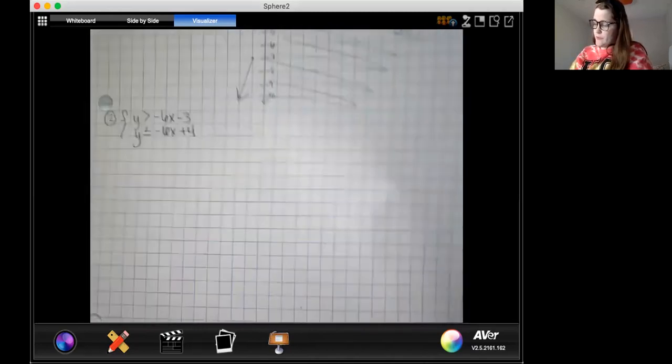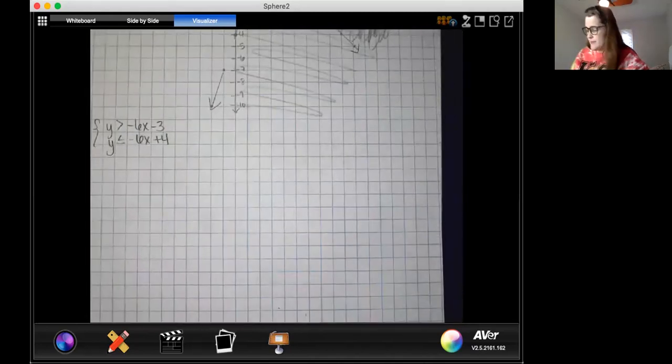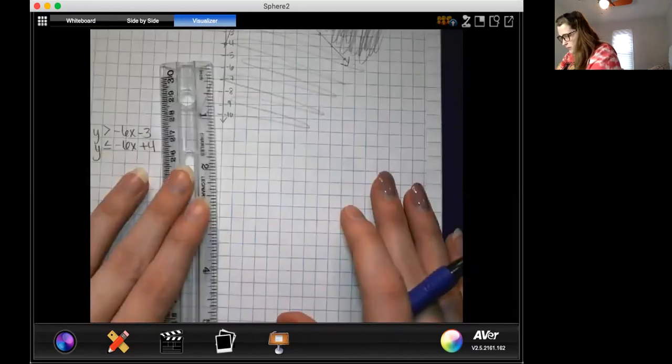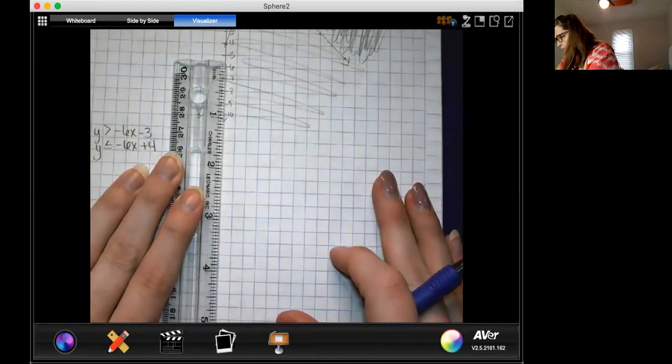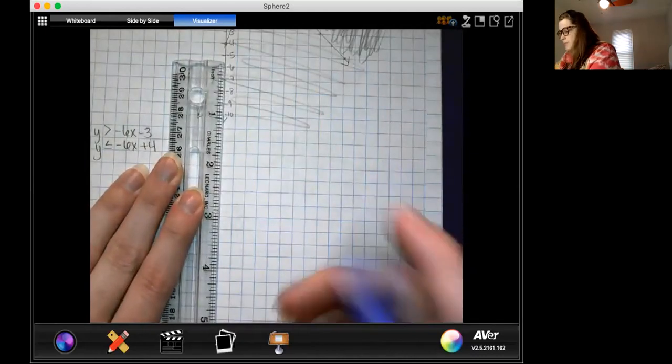So we're going to do that over here on the grid paper. Give me a second, and we're going to all create our grids.